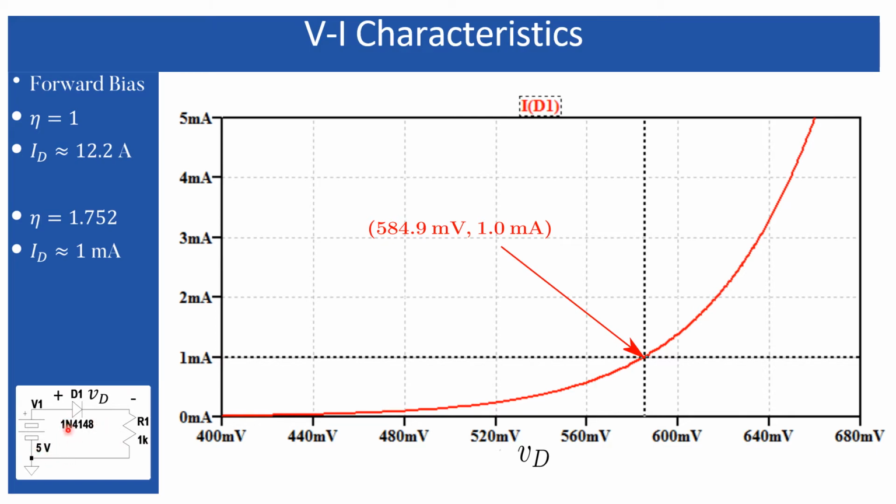Now I have connected a voltmeter across the diode and an ammeter in series with the diode. I started to increase the voltage from 0 to 5 volt, and at each increment I recorded the values from the voltmeter and the ammeter.